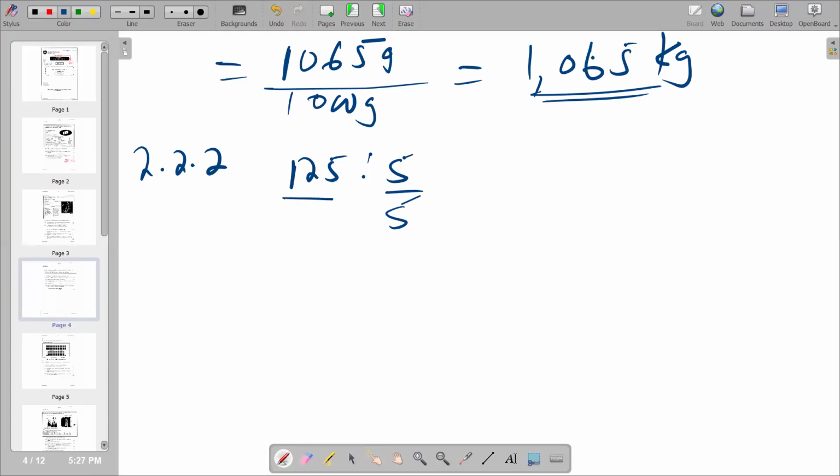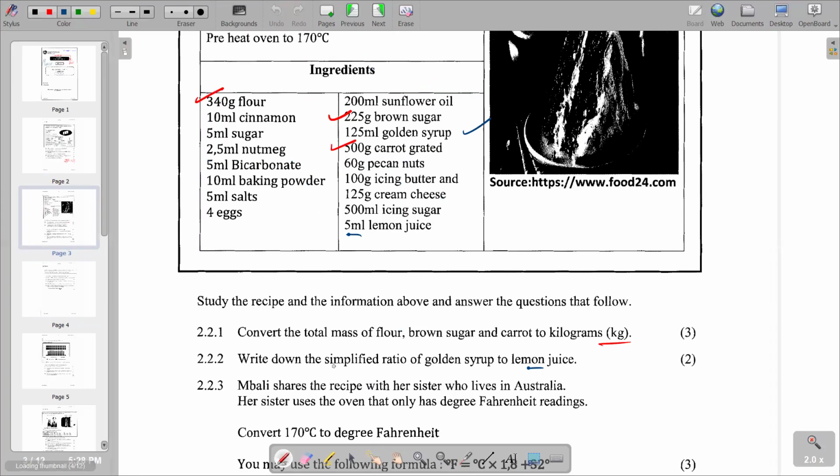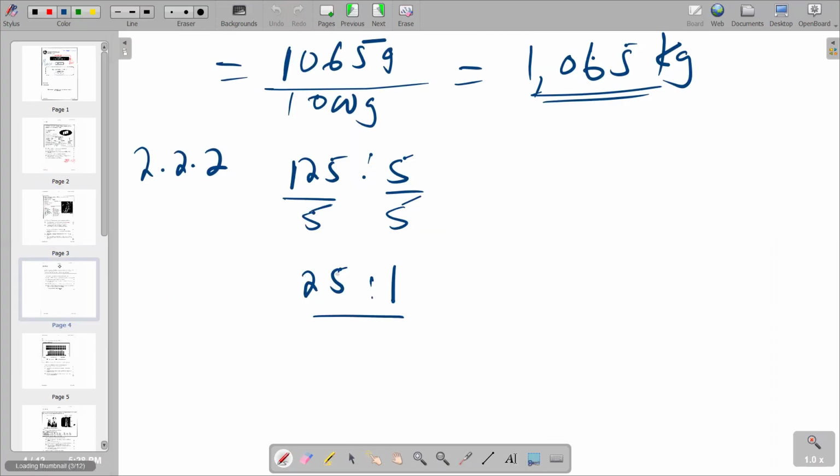If you say 5 divided by 5 and then 125 divided by 5, you don't leave any remainder. 5 into 5, you get your 1. And then we divide the other side, 5 into 125, and we are going to get your 25. So 25 is to 1 becomes the simplest form that we can have. Remember, it needs us to write down the simplified ratio. So we convert it to a simplified form, which is 25 is to 1.